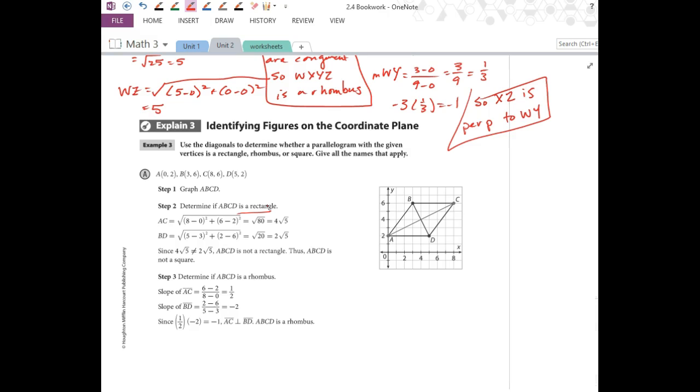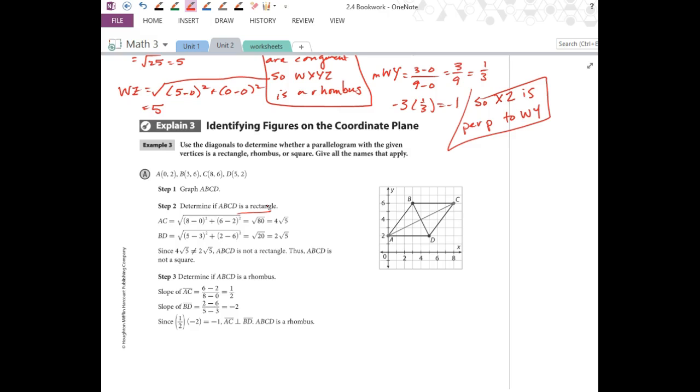Okay, but what are the steps that they chose to prove that it is technically not a rectangle? They use AC. What's AC? AC is a diagonal. They're using diagonals.